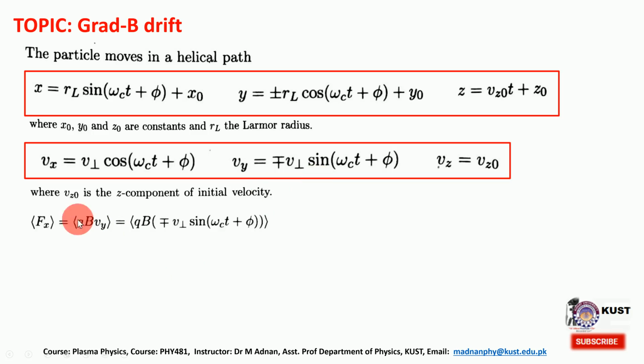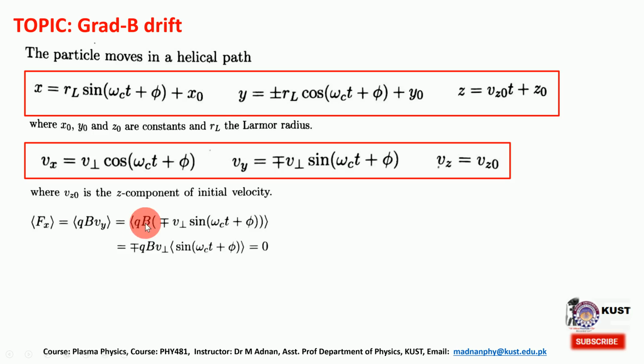Now, if we want to find the average force per gyration along x for uniform B field, this is q times Vy, which is given by this expression, so we just need to put that Vy from the previous lectures, and then find the average value.